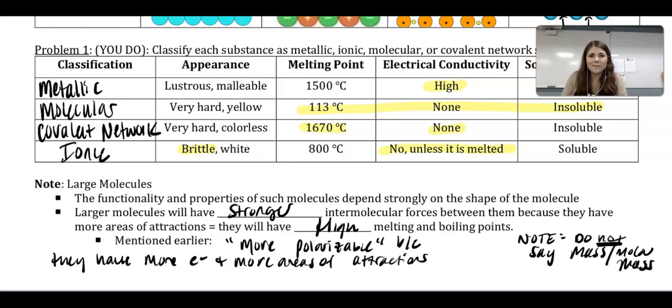You do not want to say that because mass and molar mass talk about the nucleus, where our protons and neutrons are. That has nothing to do with intermolecular forces, those attractions. That's going to come from the electrons, aka it's more polarizable. It doesn't have more mass, okay? I mean, it does have more mass, but that's not the correlation between stronger intermolecular forces and higher melting point, okay?